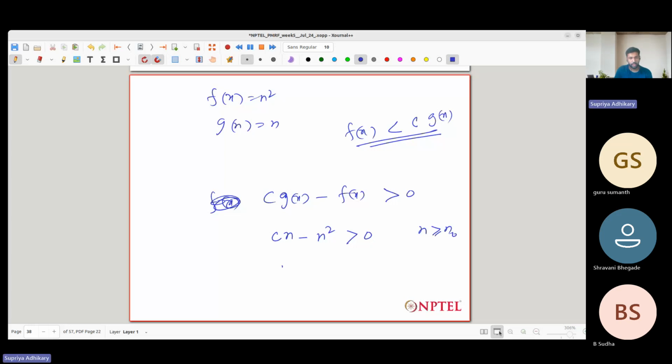So that means c minus n, multiplied by n, is always greater than 0. Now, whenever n is greater than c, where c is a constant, then this term will always be negative. So this is not true.